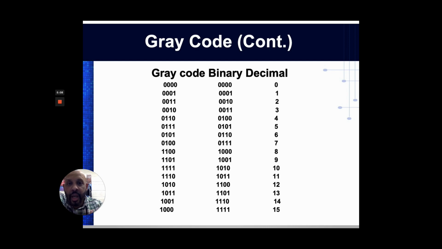Now with the Gray code, you will see we have another way that we can count where we only change 1 bit at a time. Look how, if you see all these numbers, they all change only 1 bit at a time. There's not only one standard.